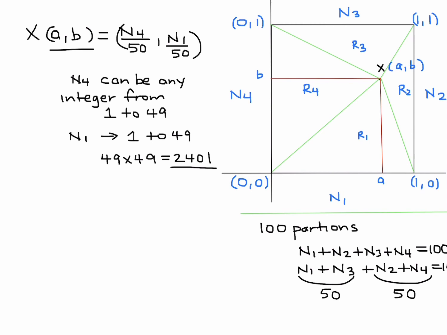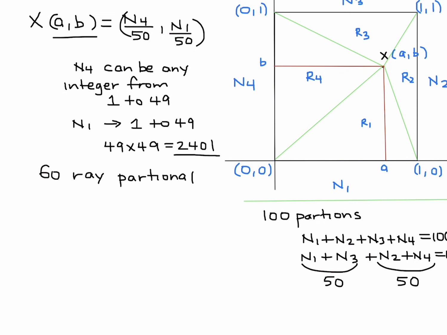Okay? But remember, this whole conversation is for 100 ray partitions. We want to compare it to 60 ray partitional. If you have 60 ray for the question, then it would essentially be identical in every way.